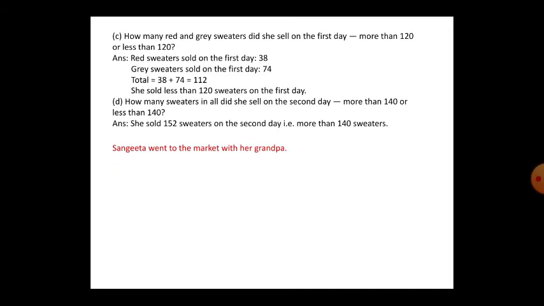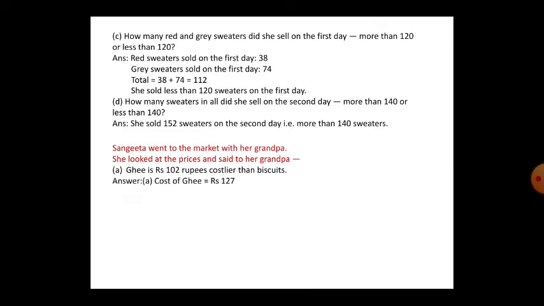Sangita went to the market with her grandpa. She looked at the price of the items and said to him that ghee is 102 rupees costlier than biscuit. How did she tell it is costlier? Let me see. Cost of ghee is 127. Cost of biscuit is 25.